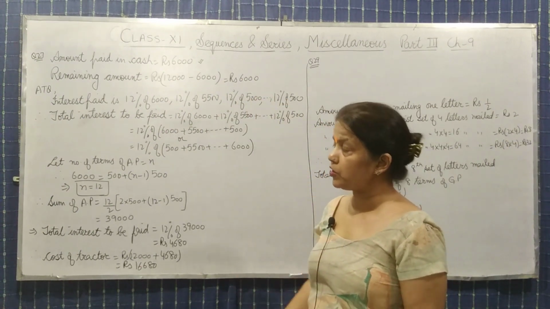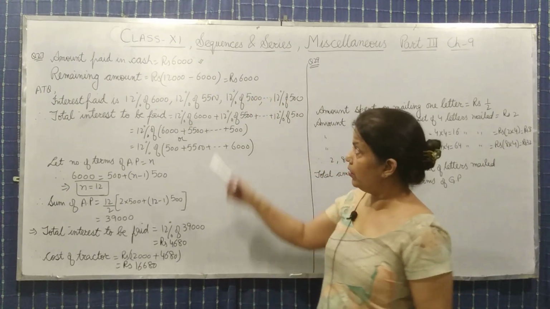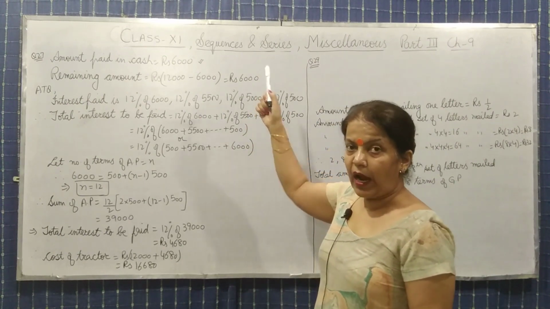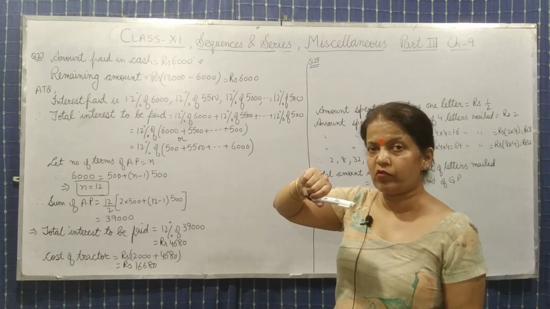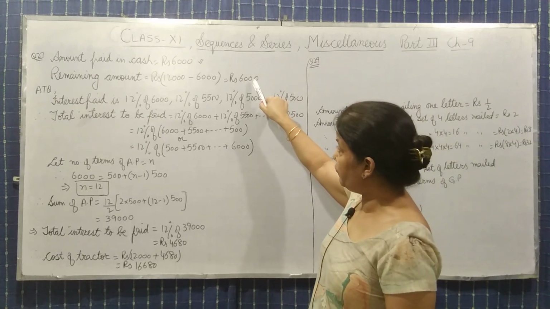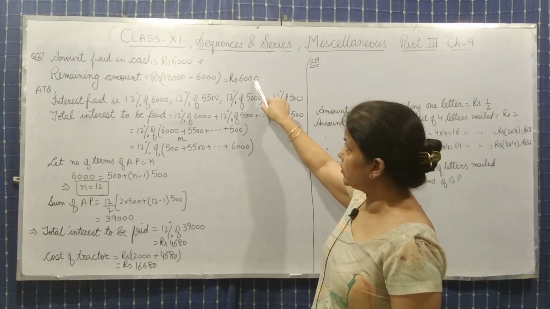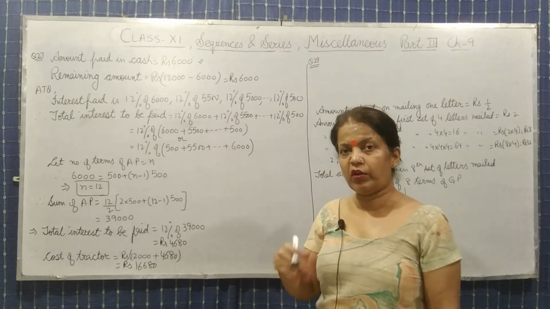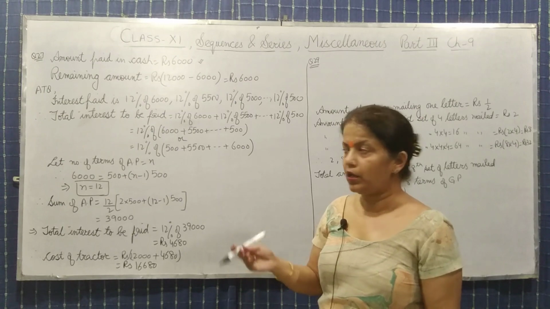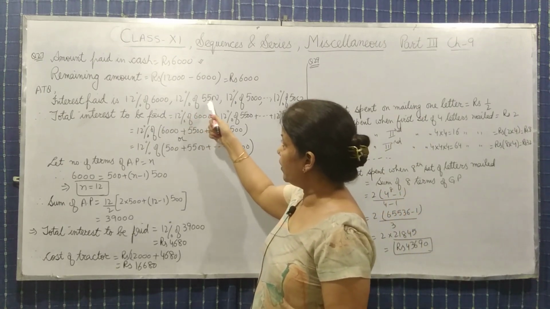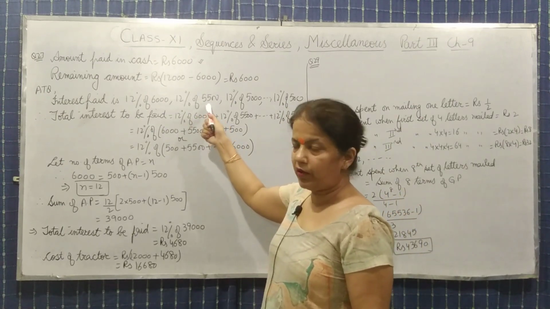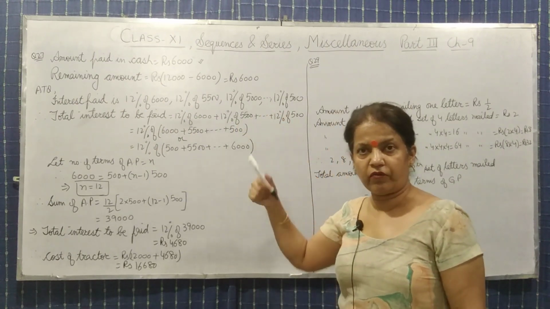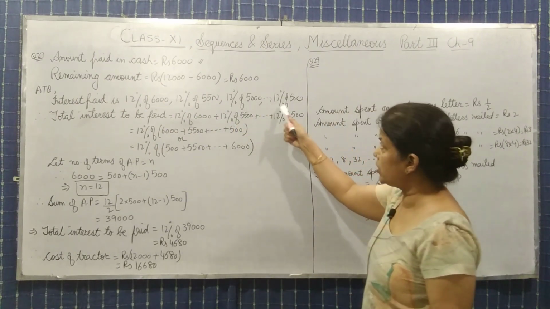Now 6,000 rupees is left, and he is giving 12% interest on it in the first installment, 12% interest on 6,000. Then 500 rupees he has given, then 12% of the remaining amount, 5,500, then 12% on 5,000, and so on.